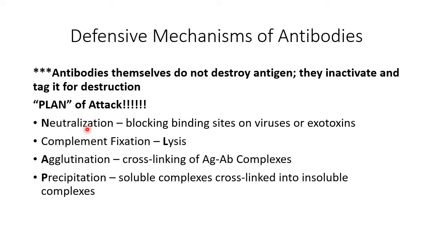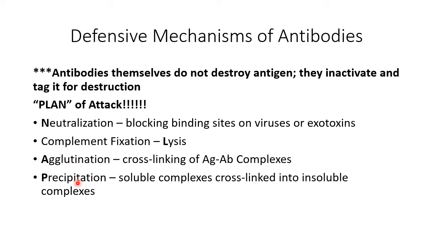Neutralization means that it can block binding sites on viruses or exotoxins and inactivate them and keep them from gaining entrance into cells. Complement fixation: remember the MAC attack complex, the membrane attack complex, causes lysis, so there's the L. Agglutination: cross-linking of antibody-antigen complexes causes larger clumps to form that can be ingested by your macrophages.